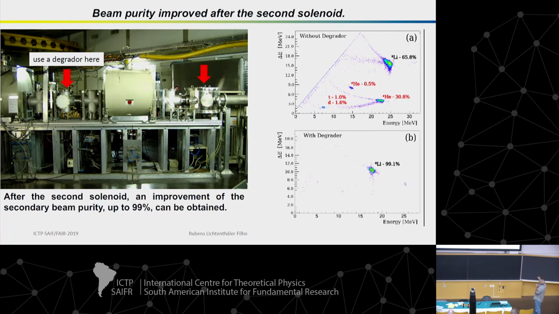You can use a degrader, a foil of some material in the central chamber, and then you make a second selection with the second solenoid, and then you see what happened. Here is without degrader, so you see the lithium beam and the contaminations. And here with the degrader, you can get a much cleaner beam.